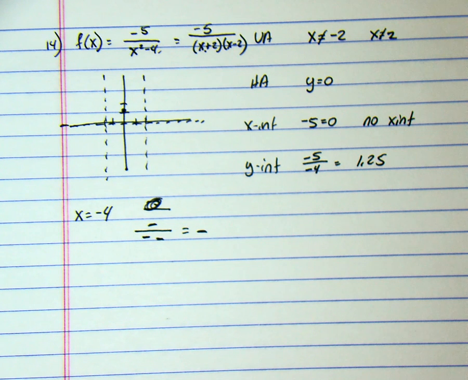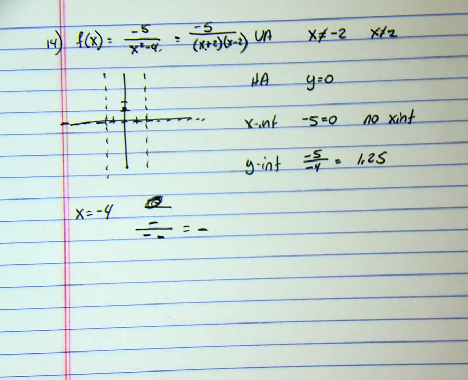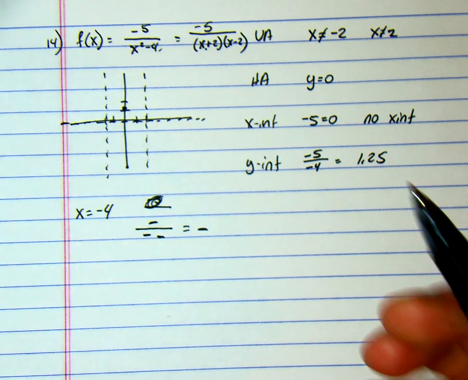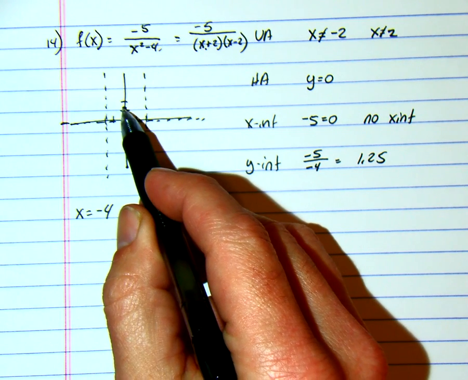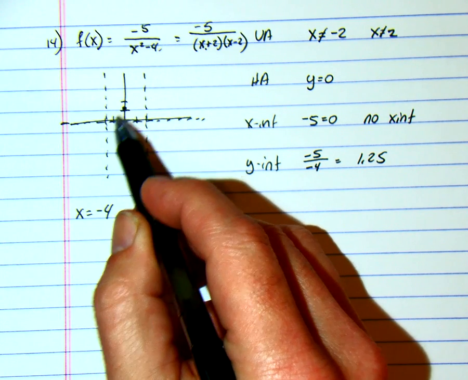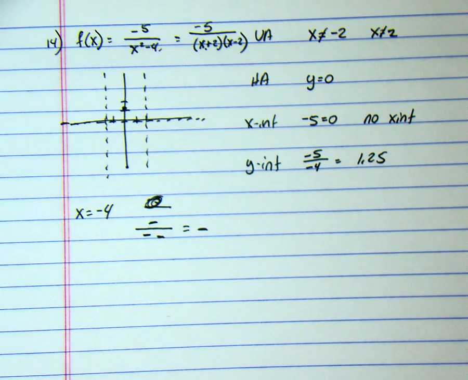And we're stuck here because I'm looking at this. I've got a mistake somewhere, because if I have a negative value out here, I have to get up to this y-intercept, and that's going to mean I'm going to cross that x-axis, and I know I have no x-intercepts. Somewhere I have made a mistake, and now I need to go back and see if I can figure out what that mistake is.